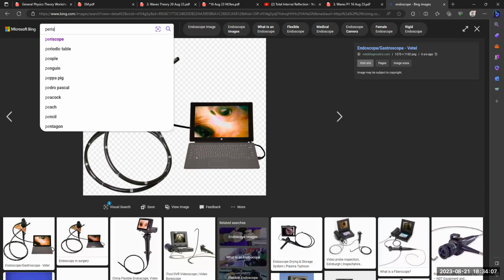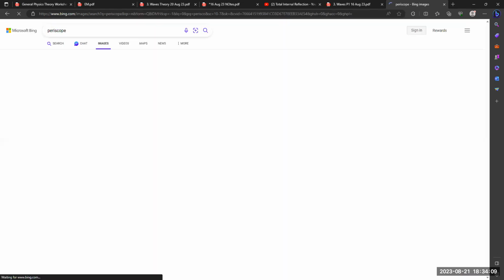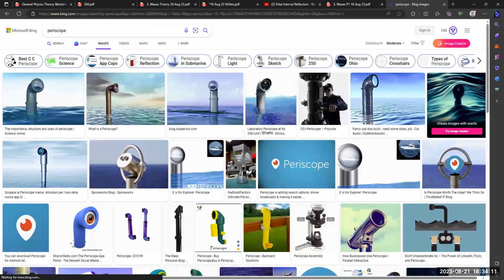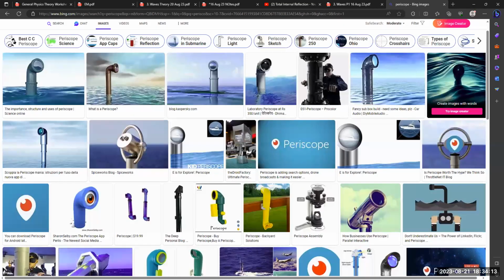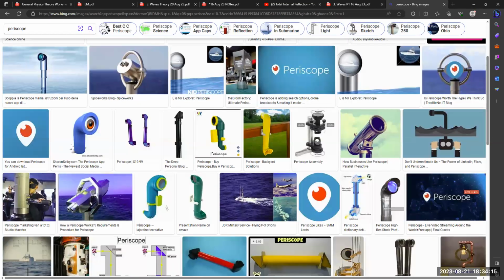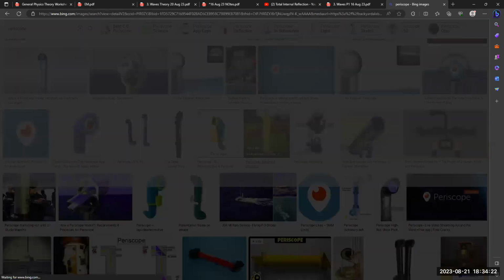And if we talk about the periscope, periscope is usually used in submarines. In old days we used these, and we also make this periscope in daily life for practical purposes, just like this.